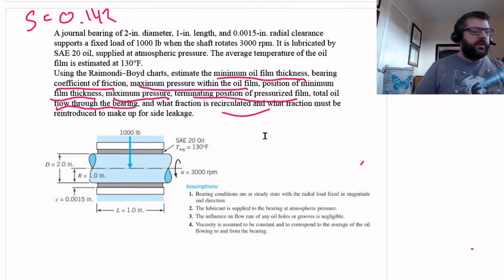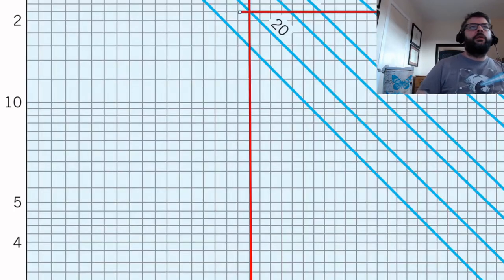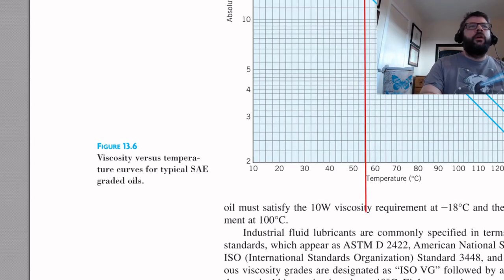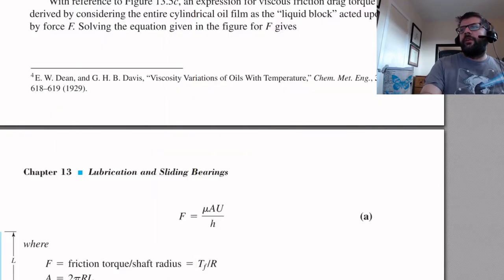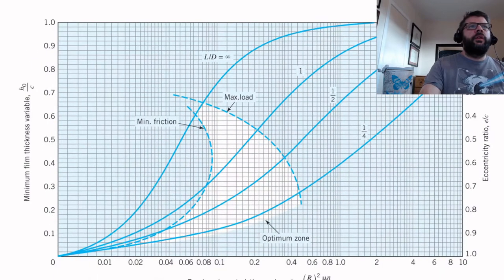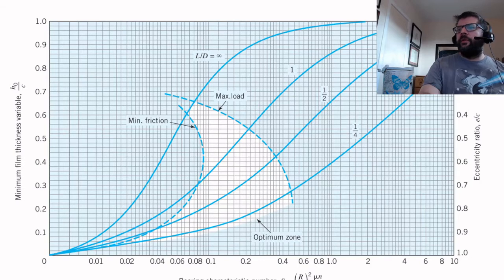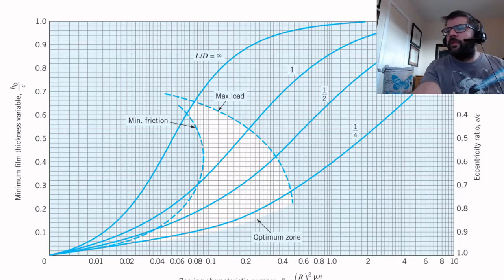So let's get started. We can go to our charts here. So here is our chart for the minimum film thickness. Our minimum film thickness, we are working at a 1.4, so that'll be just above this line right here on the chart.